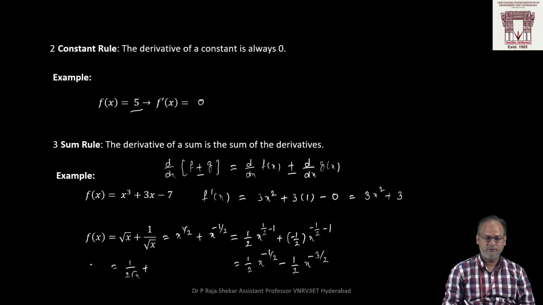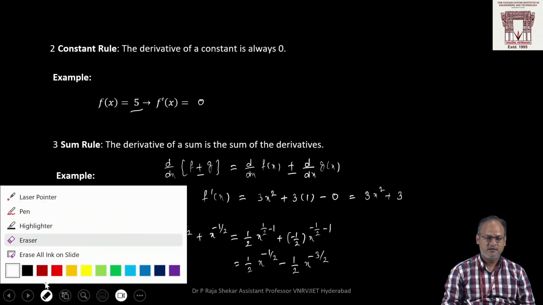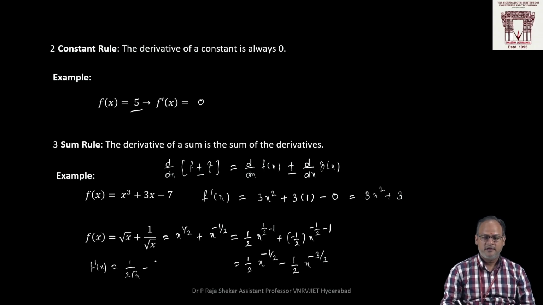Plus, the derivative of f of x, f dash of x, is 1 by 2 root x, plus, it is minus, so it is minus the derivative of 1 by root x, as 1 by 2 into x to the power minus 1 by 2. What is x to the power minus 1 by 2? 1 divided by x root x. So this is the derivative of root x plus 1 by root x.